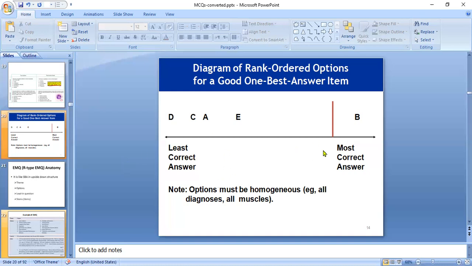Like in this question, all these answers A, B, C, D, and E are correct, but among all of them, B is the most accurate. The correct order is B, then A, then C, and the least correct answer is D. It doesn't mean that this is a wrong option, but it is less correct than the others.